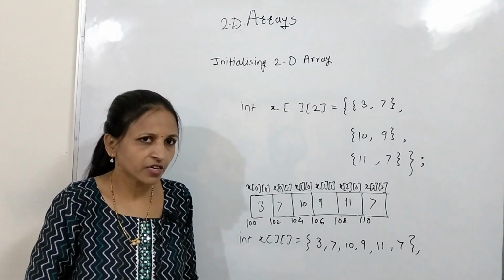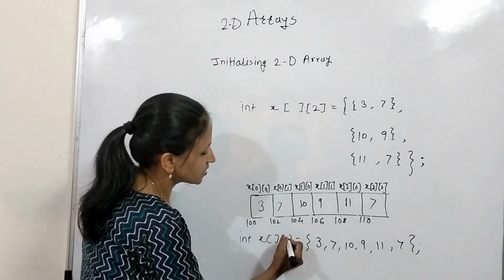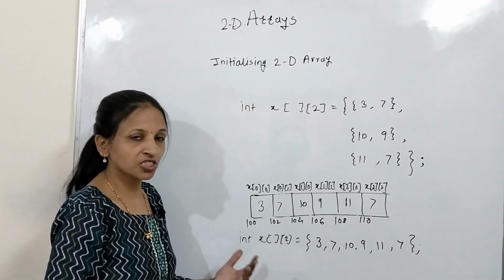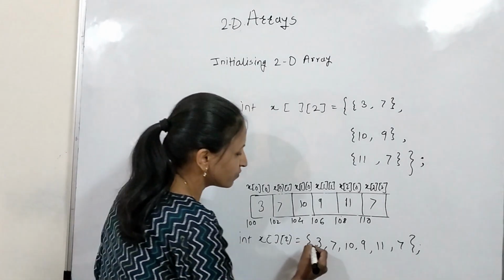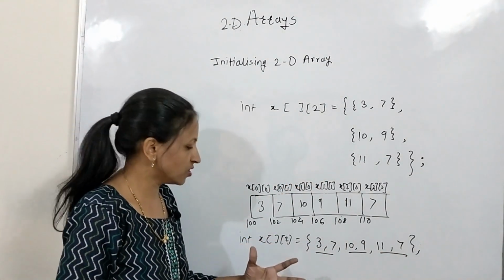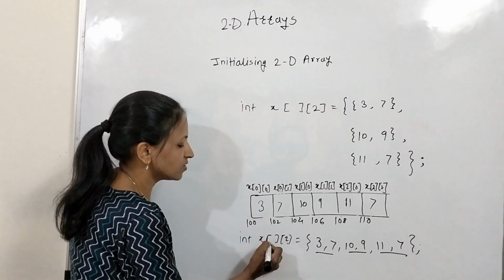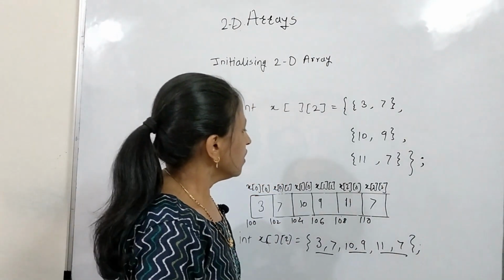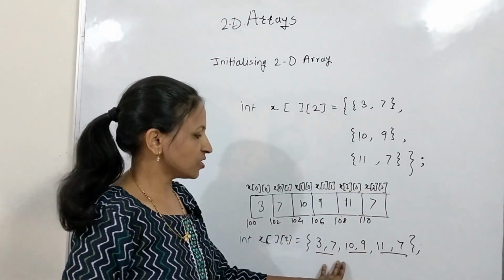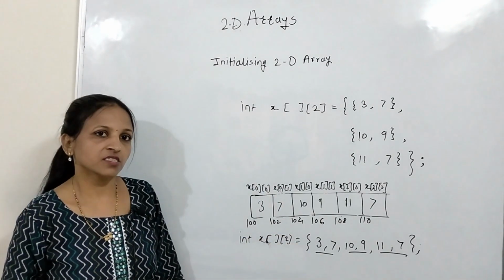In that way we cannot say anything about this array. And here again we have to specify the column size compulsorily, because now the compiler can understand that each individual array will have two elements. That's why it will group together two elements, and whatever row size it calculates, that is 3 here, and that will get assigned here. Row size will be considered as 3 automatically. Getting? Now see, in this way also we can initialize the array, and this is the best way actually. No problem will be there. Internal structure will remain the same in this case.